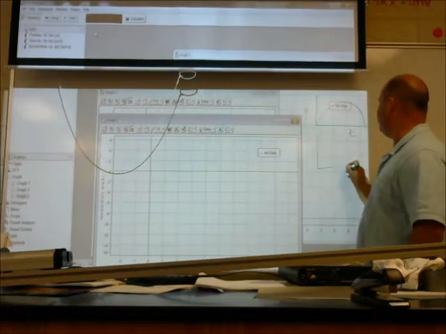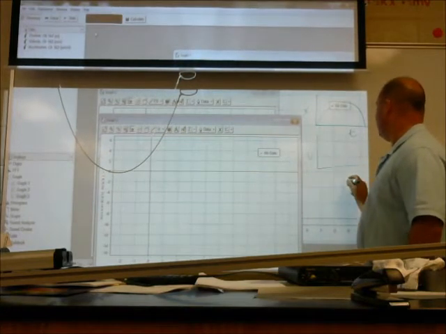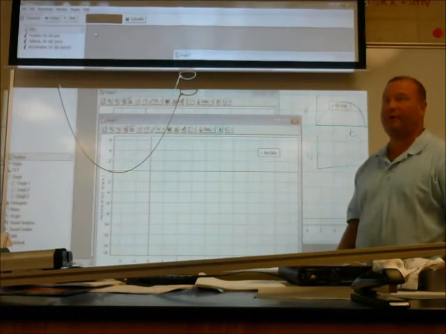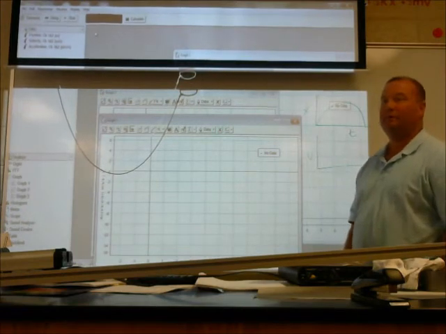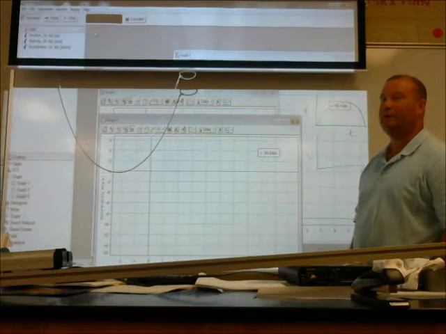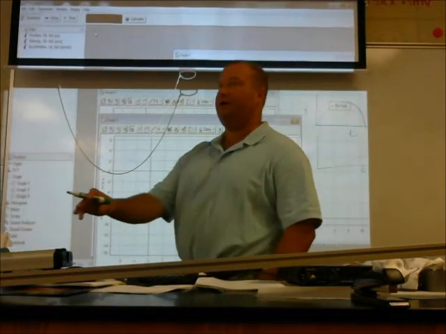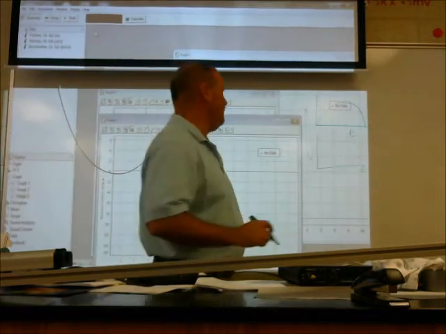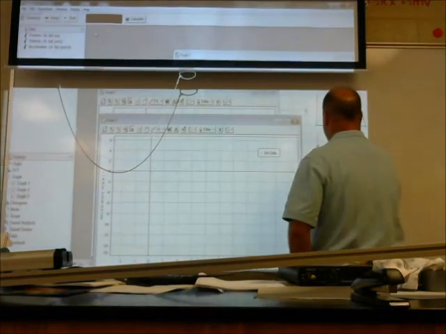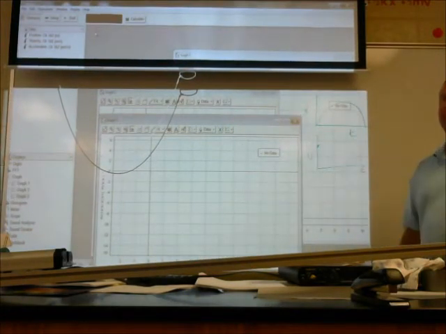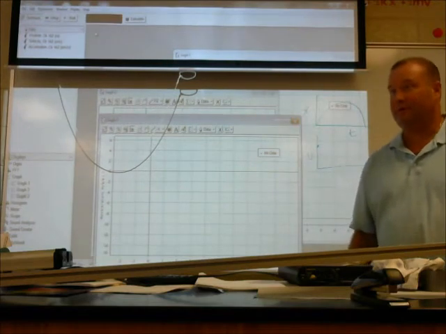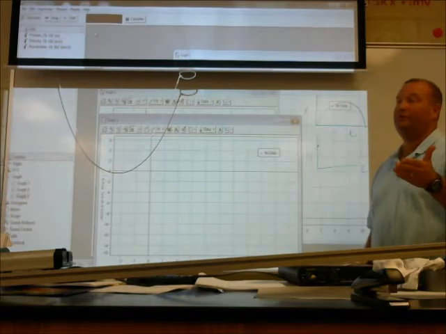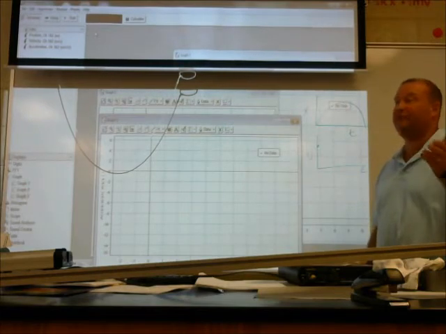Velocity time. Where does my velocity start? When I push it up the ramp, which way is it going? If my origin's here and it goes that way, is that positive or negative? Positive. My velocity starts positive. Does it speed up, stay the same, or slow down? Slow down. Does it slow down at the same rate, or does it slow down really fast and then slower?